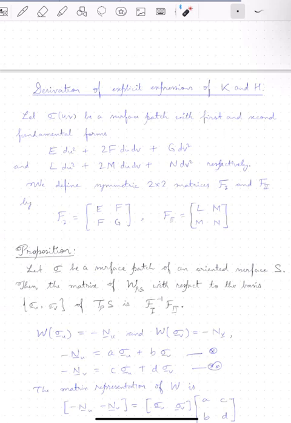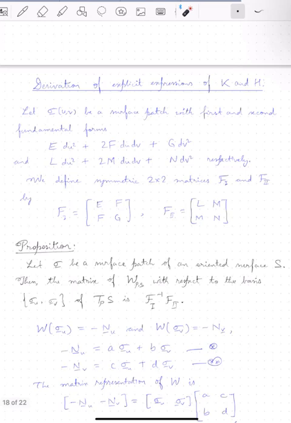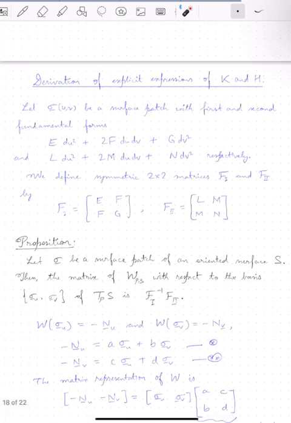Now we move on to determining the explicit expressions for K and H. We started with the surface patch, and we talked about both the first and second fundamental forms, and we also defined the symmetric 2x2 matrices.